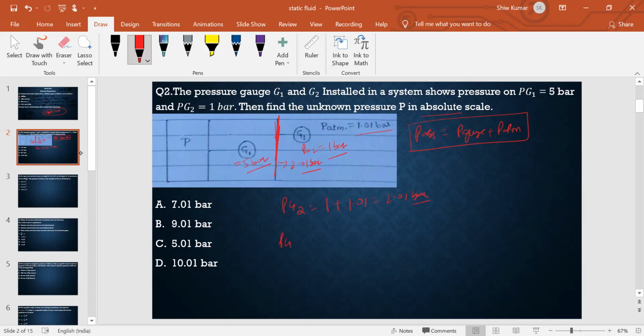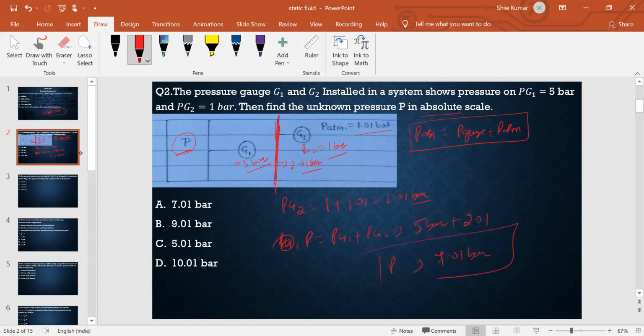Now to find the Pg1, I need to find the pressure at this point. The pressure at this point will be Pg1 plus the pressure at this point, which is Pg2. So Pg1, given here as 5 bar, plus 2.01 bar will be equal to 7.01 bar.